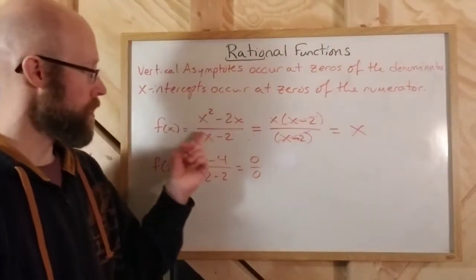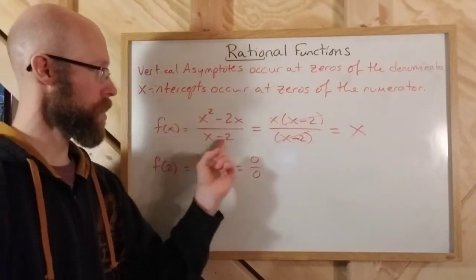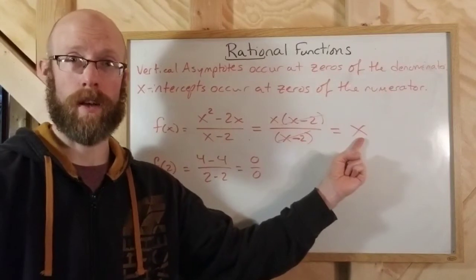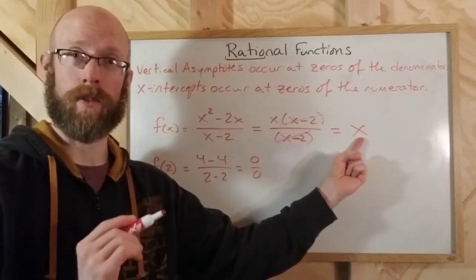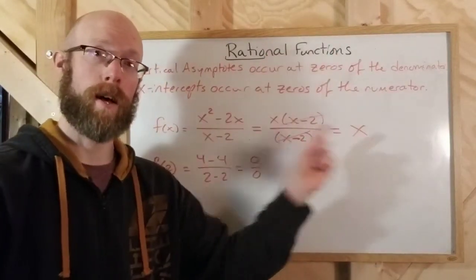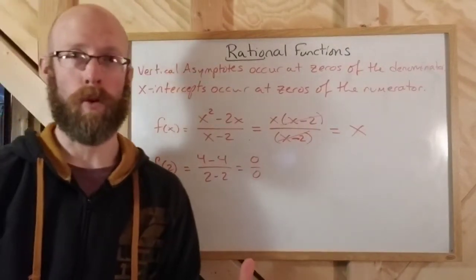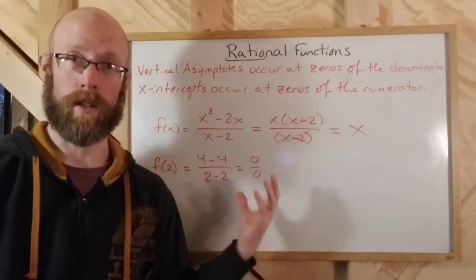So the graph of this rational function is actually going to look like the graph of x, which is just your identity function. It's a line going up to the right. Except at this point of 2, there can't be a point on the graph, right? It's undefined there.